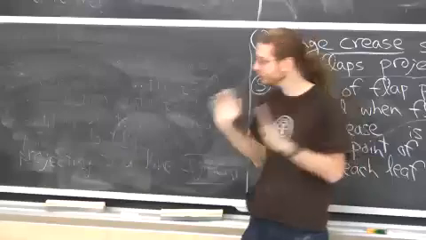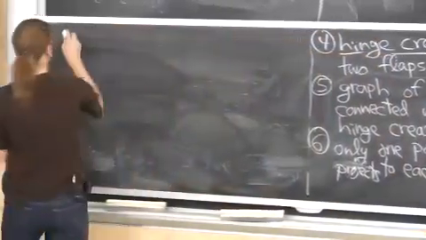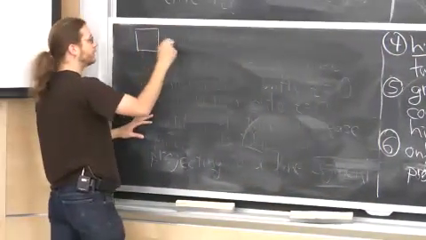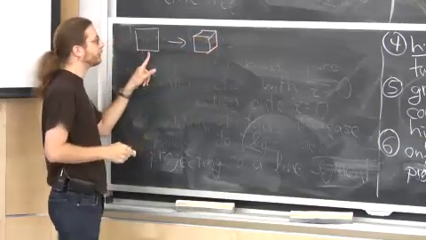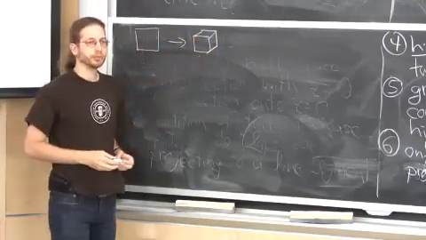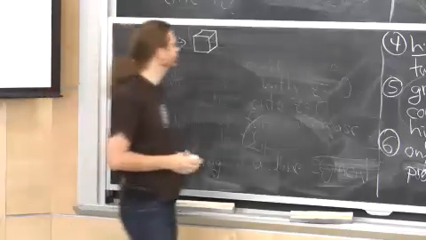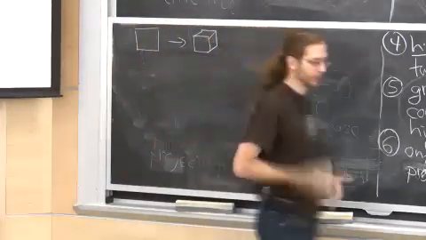And let's start with a super simple example, which is I want to fold a square into a cube. How big a square do I need to fold a unit cube? Or how big a cube can I fold for a unit square? Either way.